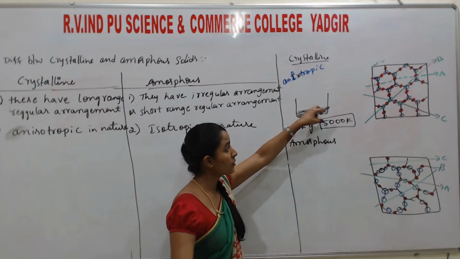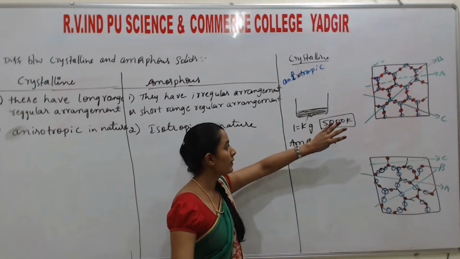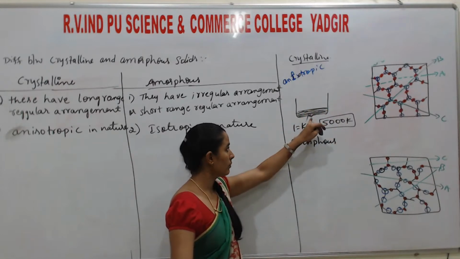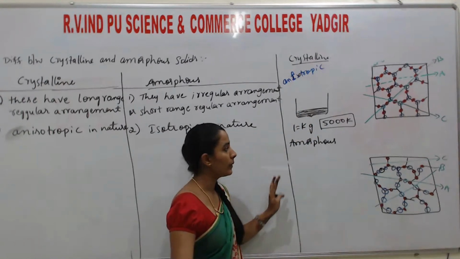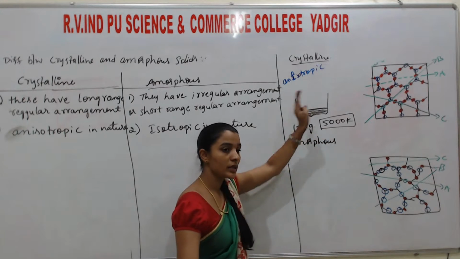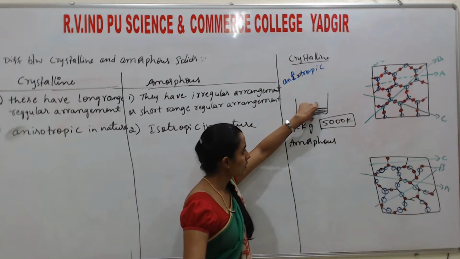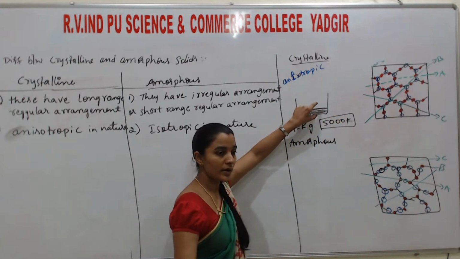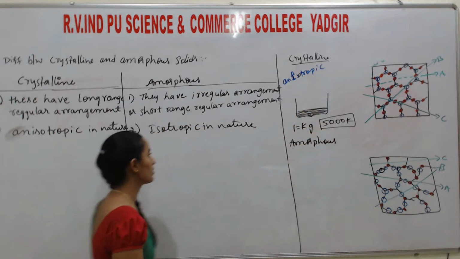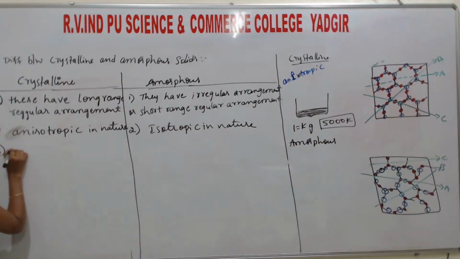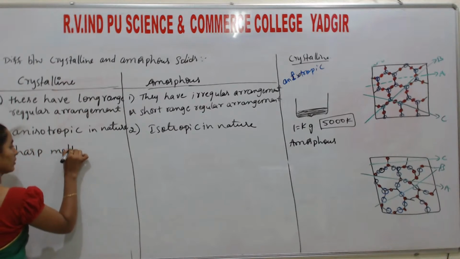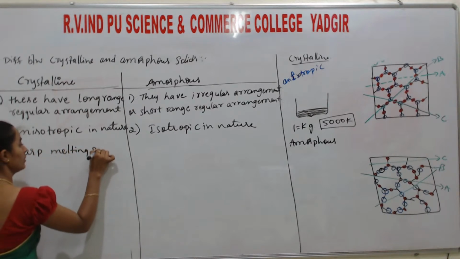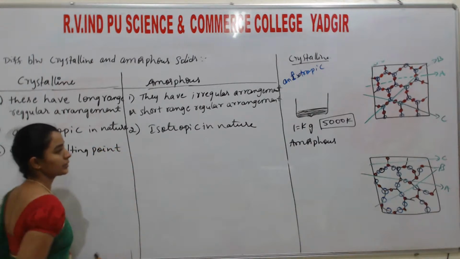If it is 4500, then the complete 1 kg of diamond remains solid only. When it reaches 5000 and above, the complete solid mass converts into a liquid mass. So it has a sharp melting point.